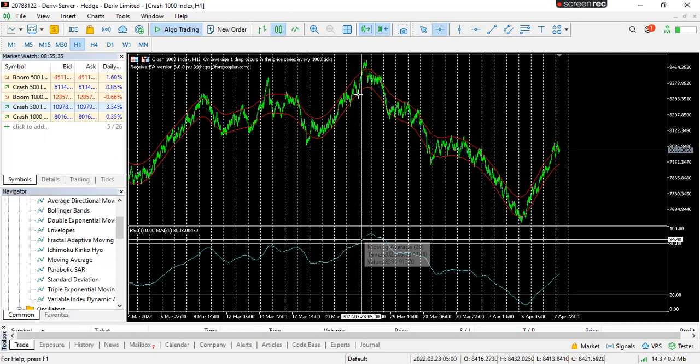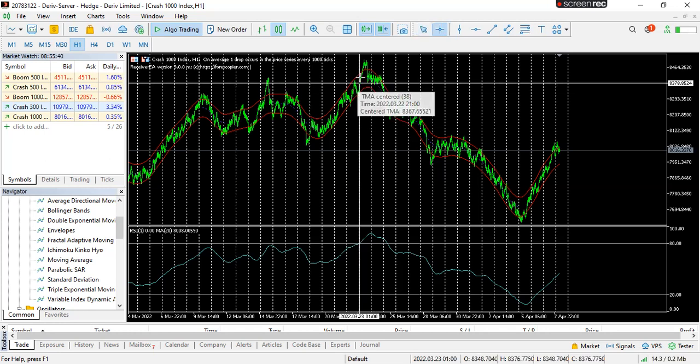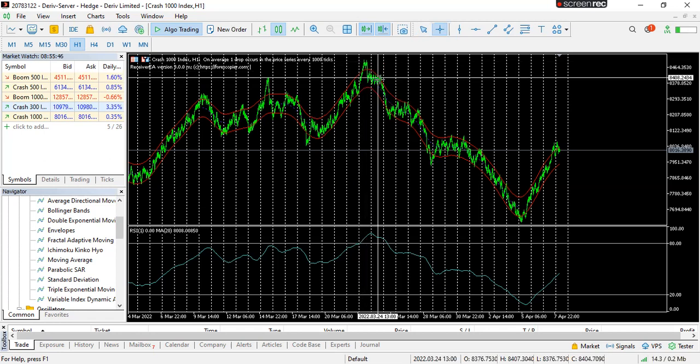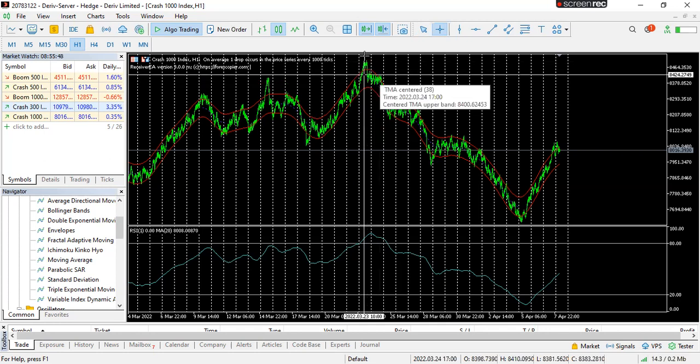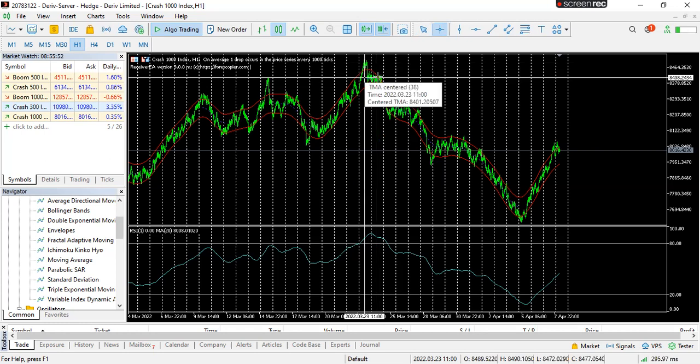So you would have entered this trade here, right? And then this is a huge buy all the way before it got here to the crown and started coming down. You can see it gave you a nice double top here, and then it started coming down, gave you a very long range here for hours, then moved down.